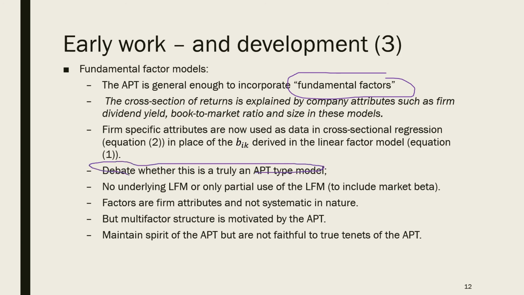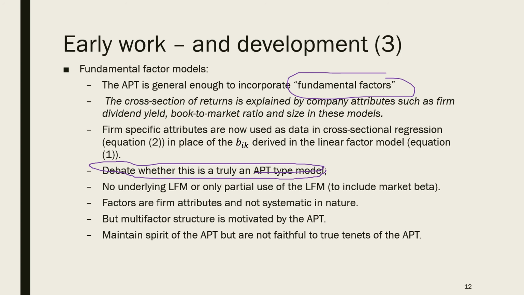Okay, we will be focusing on the APT framework, or at least we'll be applying the principles of the APT framework. So it's important to note that if we use accounting variables, the question then arises, are these indeed congruent with the so-called arbitrage pricing theory? It is worth knowing that these variables can be used. However, they are not like statistical factors, which represent common or systematic influences, and macroeconomic factors, which are direct proxies for these systematic influences.